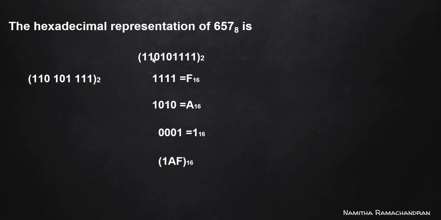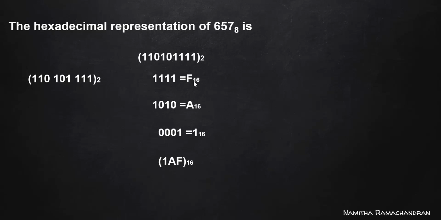Next 1, 0, 1, 0: these 4 bits form another group. And here we have only one single bit left over. In that case, we can append 3 more 0s to the left and make it a group of 0, 0, 0, 1.